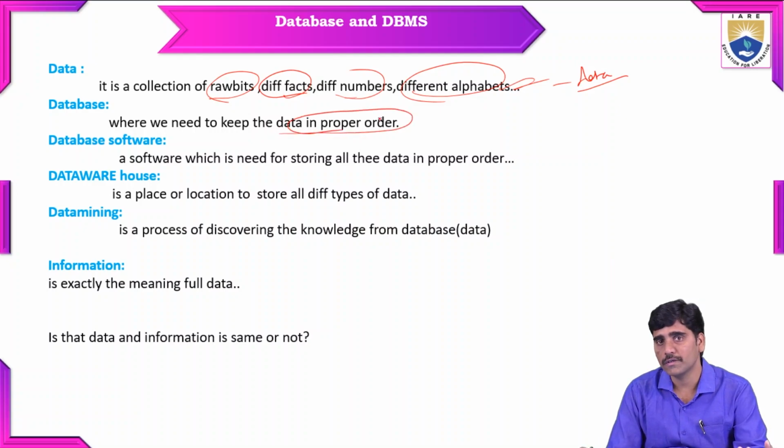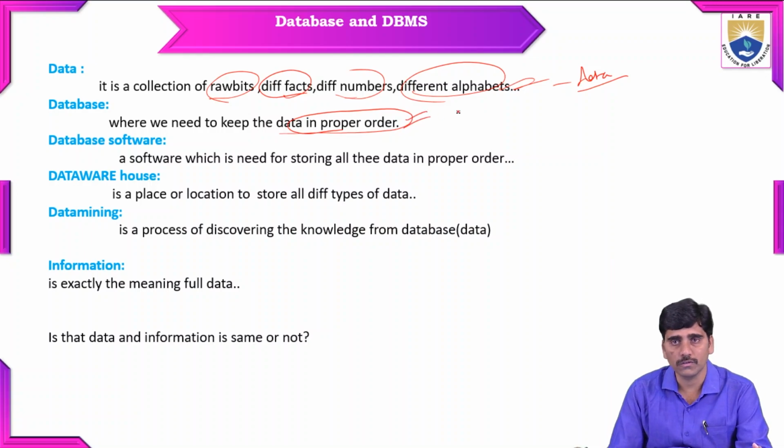We have the data, but where can we arrange it in proper order, in an organized way? The place where we keep the data in proper order, sequential or non-sequential, however we can store it, is nothing but the database.